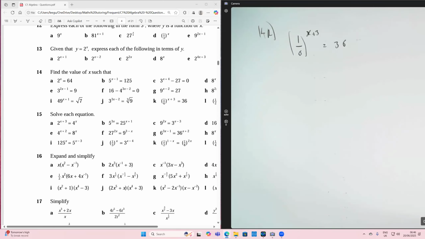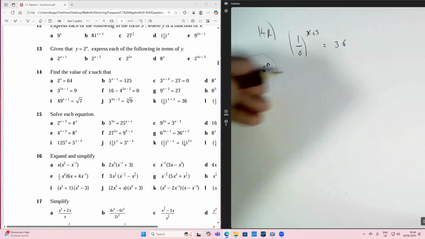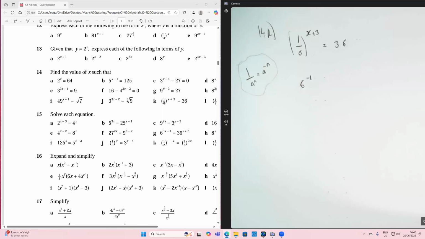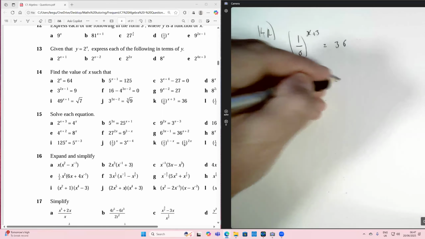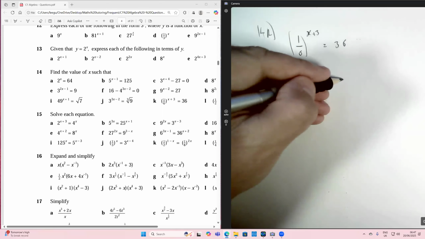Now I'm going to use the law that 1 over a to the n is the same as a to the minus n. So I'm going to make use of that piece of information to rewrite 1/6 as 6 to the power of minus 1. So I've got 6 to the power of minus 1 to the power of x add 3 is equal to 36. And I'm going to think of 36 as being 6 squared.